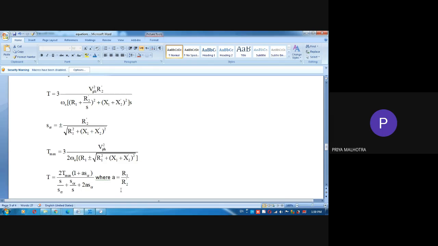Why is it Tmax? After this, a breakdown will occur in the motor. This is the maximum torque which the motor can sustain. And what do you imply by breakdown?